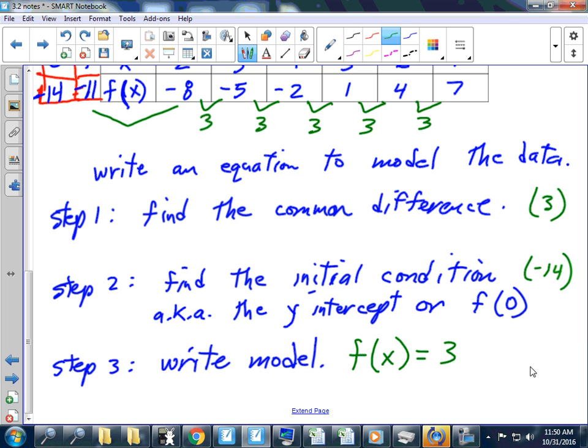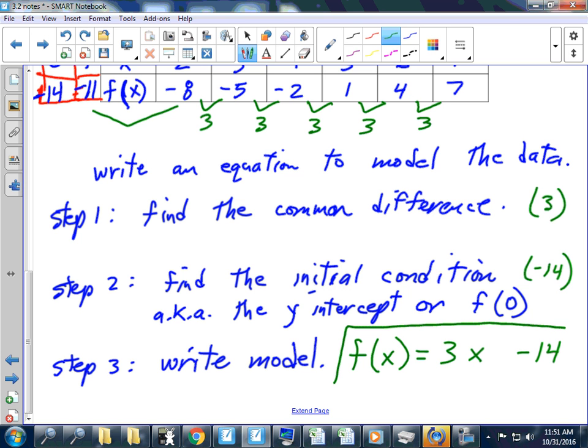What's the other part here? Minus 14 is correct, but we left out one thing only. One thing only. Jonathan? X. Just X.